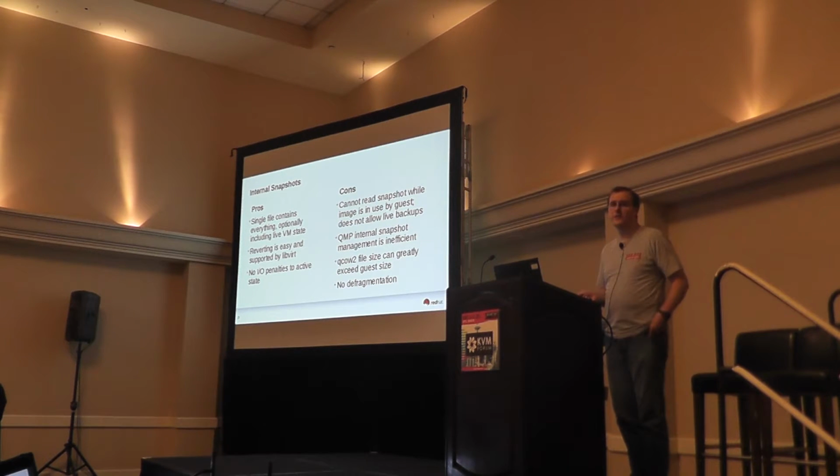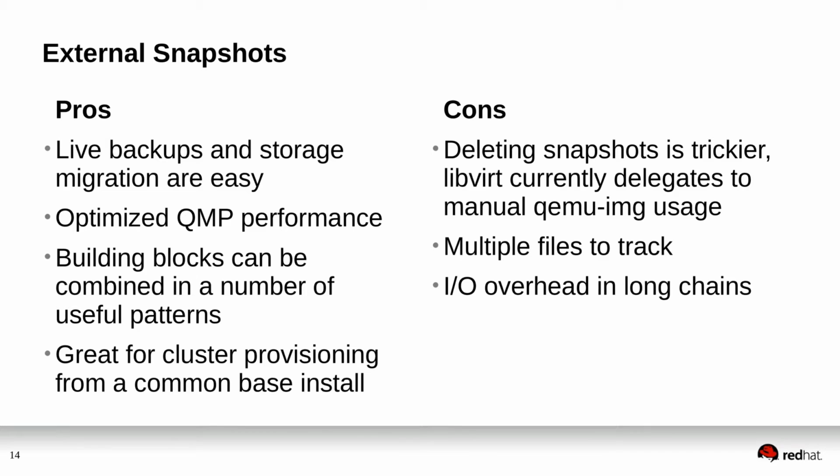Another disadvantage, there's no defragmentation. qcow2 version 3 added the ability to mark image blocks and clusters sparse, and with newer kernels, you can punch holes back in your file. So on a file system, when you throw away a snapshot, you can reclaim the space. But if you're mapping your qcow file directly on a block device, there's no way to punch a hole in your block device. So it can get a bit expensive if you can't reclaim some of your space and repack the file to be more contiguous.